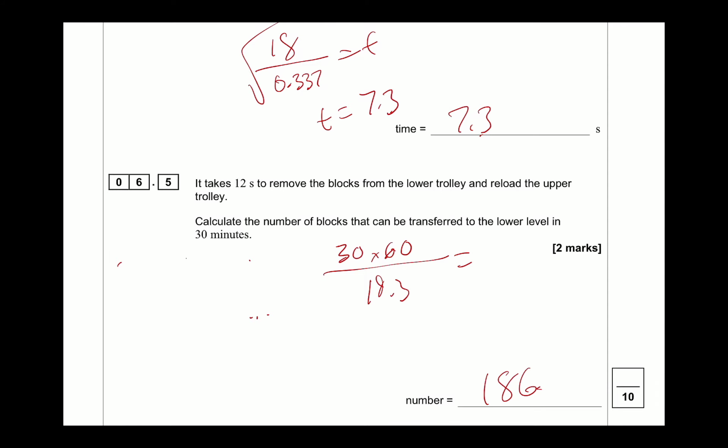That's 93 trips, so 186 blocks. 186, that's right. You can't round up. You're not going to get an extra block. But apparently they accepted it if you rounded up. But that's it. 186 blocks in the 30 minutes. And that is question 6.